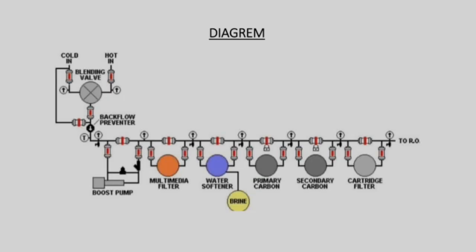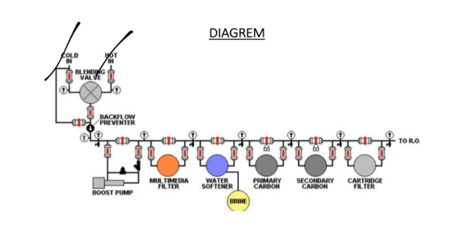Now here is another diagram where we can see that cold water and hot water mix in the temperature blending valve. Then it passes through a backflow prevention device. Then it comes into a booster pump. After that it passes through a multimedia filter, also called sediment filter. Then the water softener.